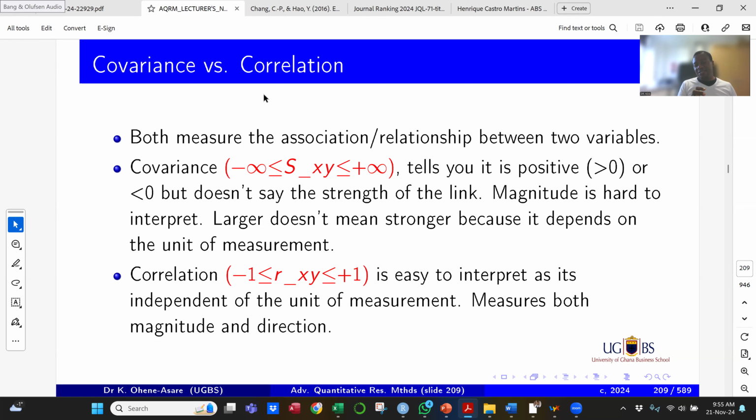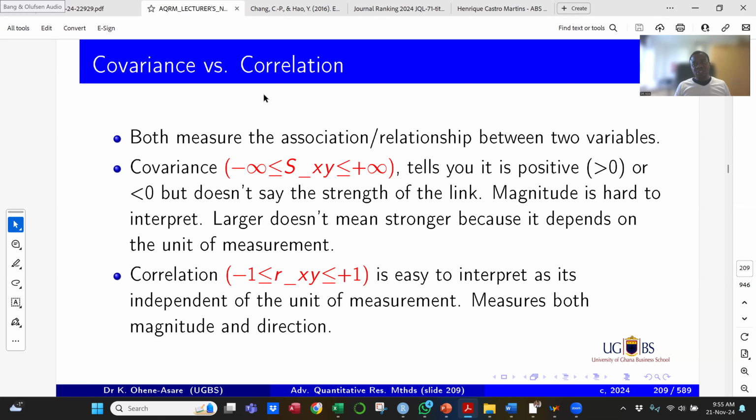Covariance, the positive one is between 0 and infinity. And anytime something is between 0 and infinity, it is not a percentage. And so you cannot tell that one is better than the other, because you don't have a limit. Infinity is an unlimited positivity.